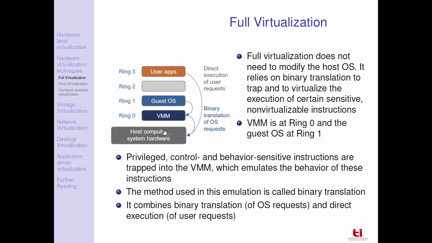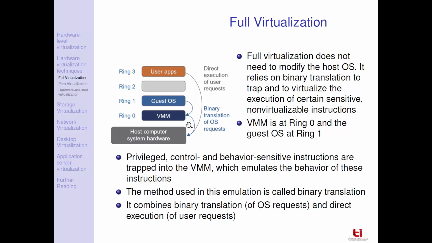If we look at this diagram here, we have the host or computer system hardware. So this is the hardware, and these are the rings, 4 rings. We know that ring 0 is the privileged ring, the supervisory mode, and ring 3 is the user mode.